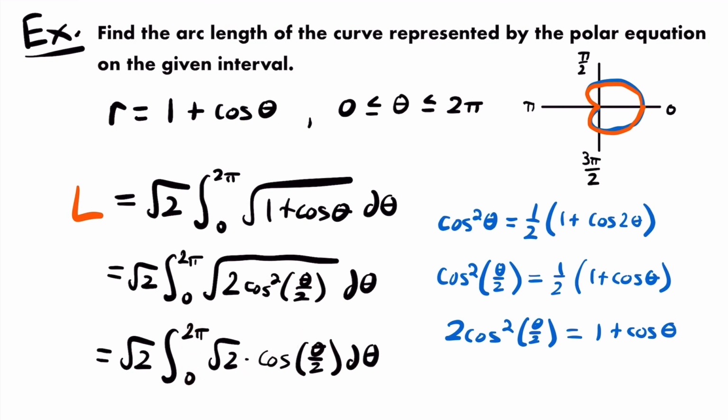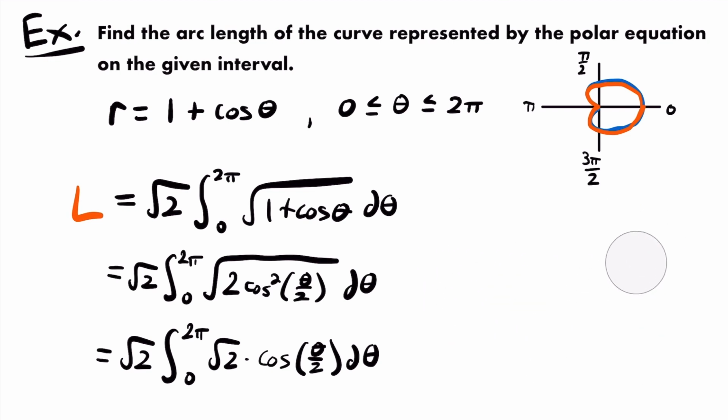All right, and so if we were to look at the graph of cosine of theta divided by 2, it would look a little bit like this. Along the horizontal axis, I'll label pi and 2 pi, and then along the vertical axis, I'll label 1. The graph of cosine of theta divided by 2, or if you're treating the horizontal axis as being the x-axis and the vertical axis as being the y-axis, then cosine of x divided by 2 would look like this.